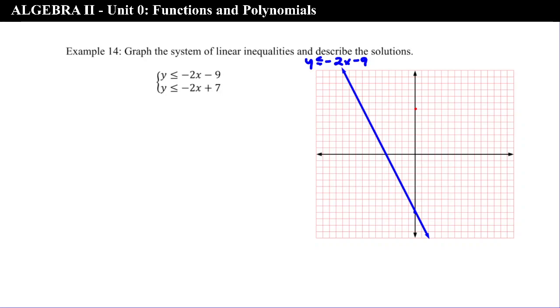We are going to draw our line through like we did on the other one with our slope being negative 2. So again, we are going to expect parallel lines. Now, let's label this one: y is less than or equal to negative 2x plus 7.